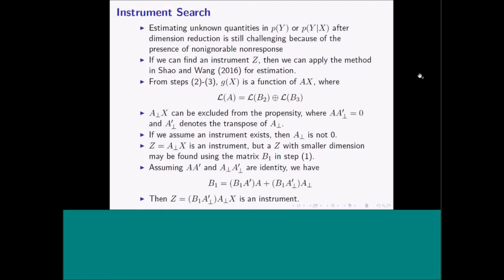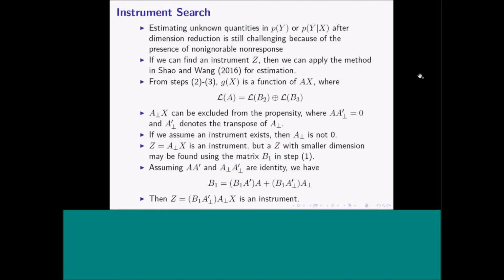So I first use this orthogonal space. Suppose A is the space generated by matrices B2 and B3 that were previously given. Then A orthogonal is the space that contains all the vectors orthogonal to A.